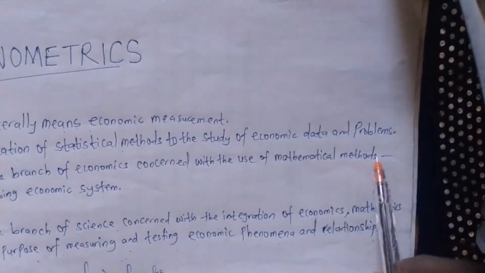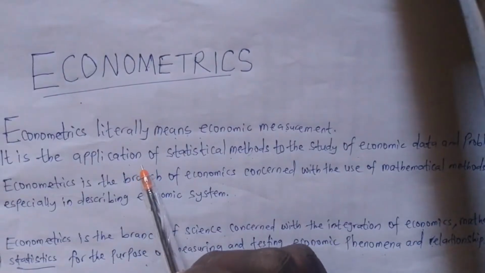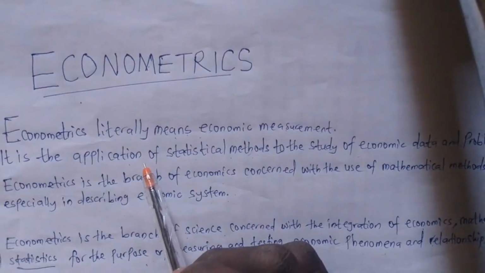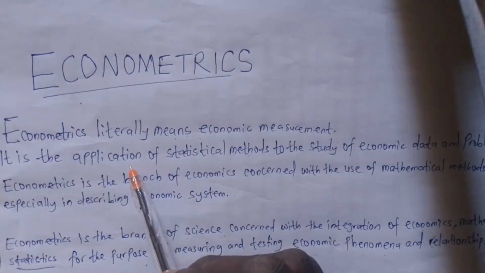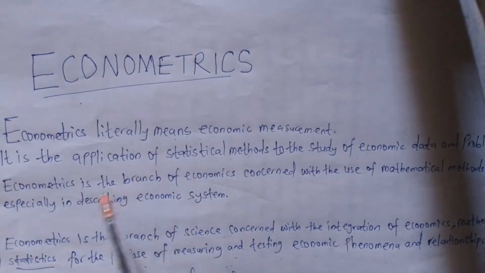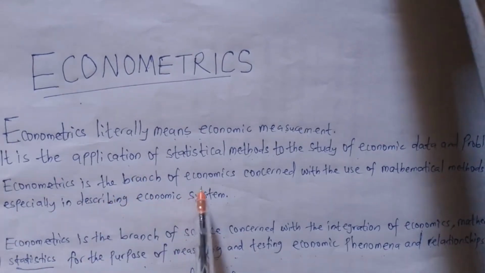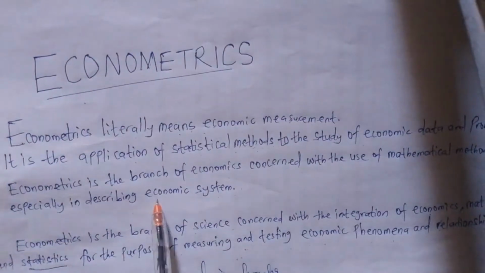economic data and problems. That means we don't just guess. We use statistics to study the real economic data. Econometrics is a branch of economics concerned with the use of mathematical methods, especially in describing economic systems.